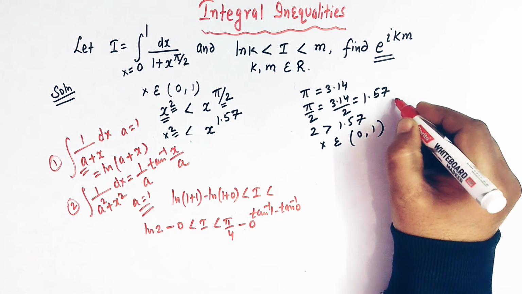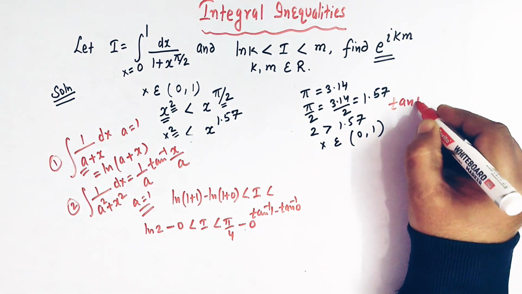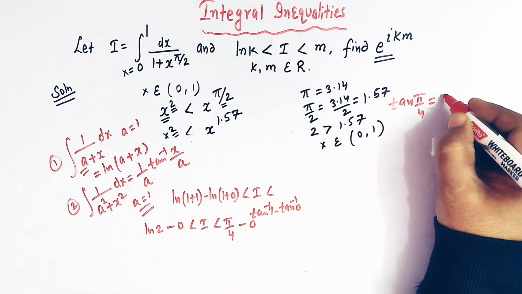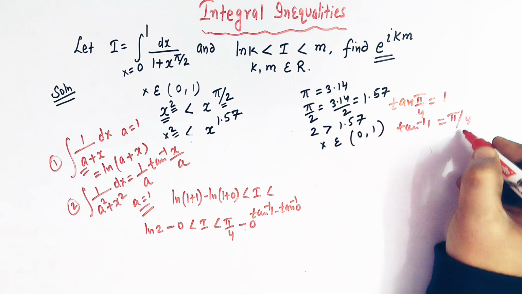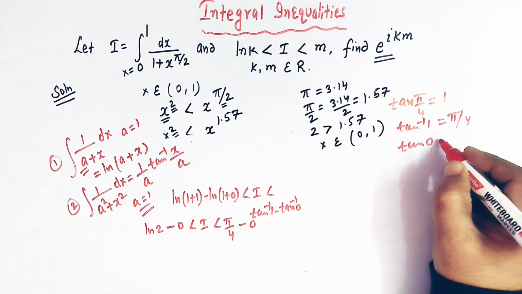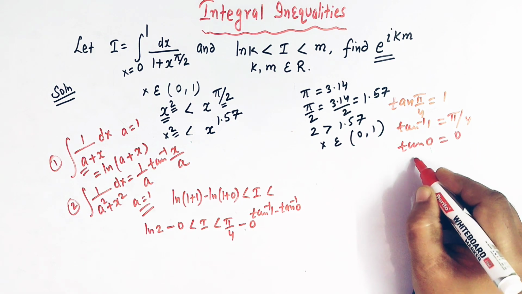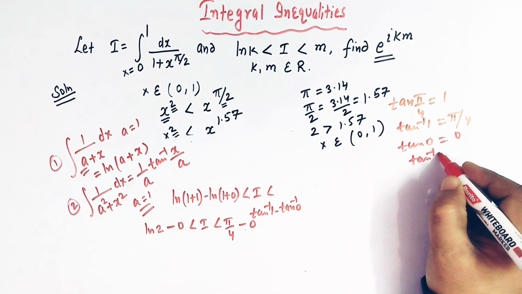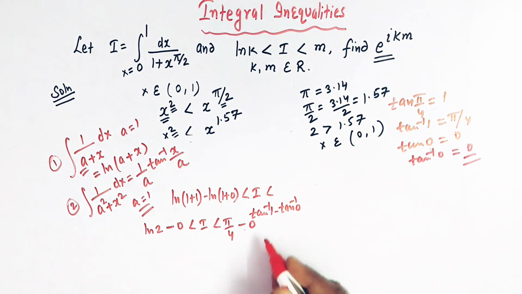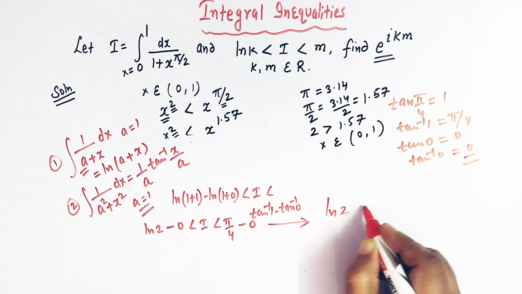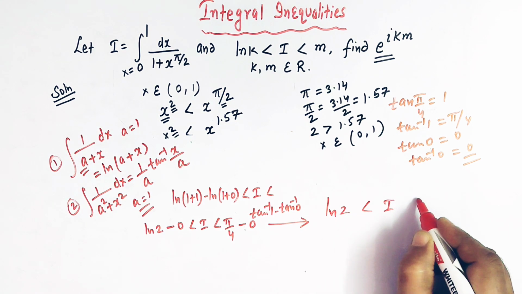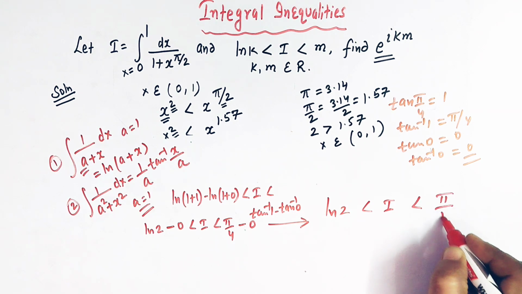So here we have used the fact that tan pi by 4 is equal to 1. So tan inverse 1 is equal to pi by 4, and tan 0 is equal to 0. So tan inverse 0 is equal to 0, right? So now from here we have log of 2 less than I, that is less than pi by 4, right?